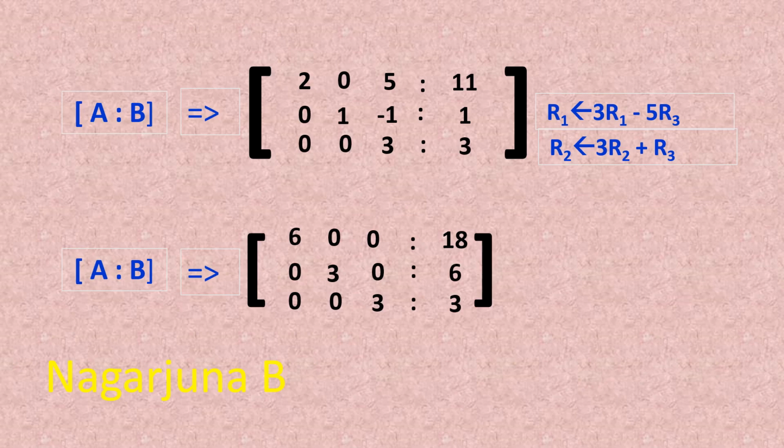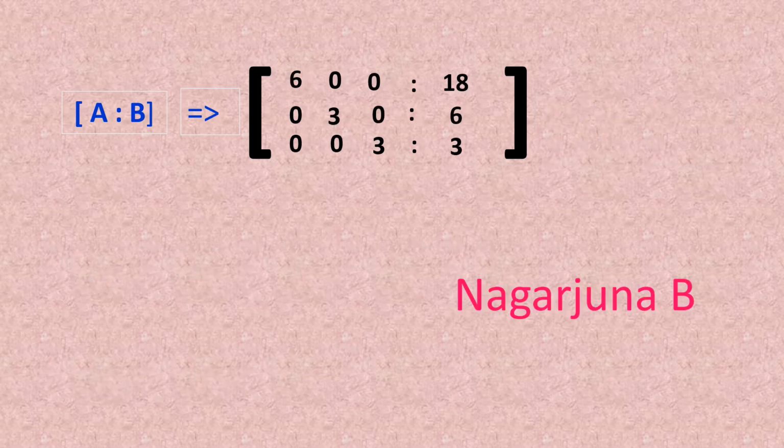That means after the third step we get the diagonal matrix, and now we shall move on to the next step. So this is the augmented matrix which we have got in the third step. Now by using this augmented matrix in the fourth step, we need to write it in the form of equations. That is, from the above augmented matrix we get the first row as 6 0 0 18.